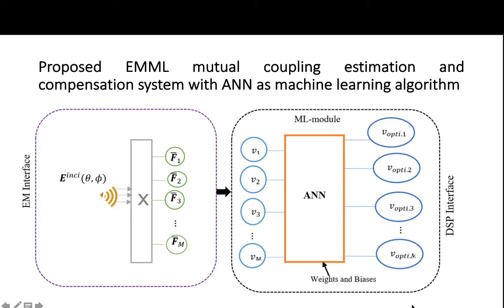Each of them will generate a deviated voltage, like F1 will generate V1, F2 will generate V2, and then the optimizer, after applying the machine learning module to it, will give our optimized voltage.